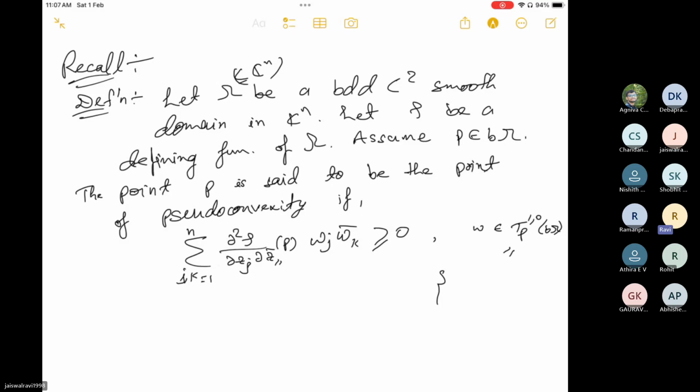This is all w in Cn such that the sum of del rho by del z_j at P times w_j equals 0, where j is from 1 to n. So this we call the Levi form.